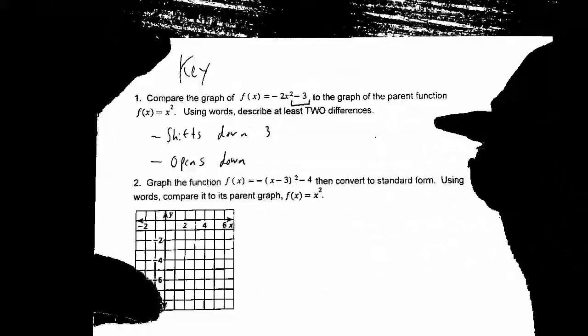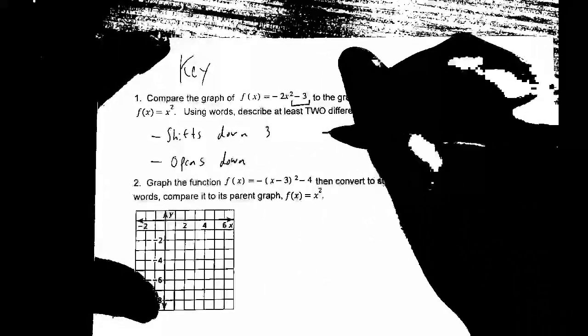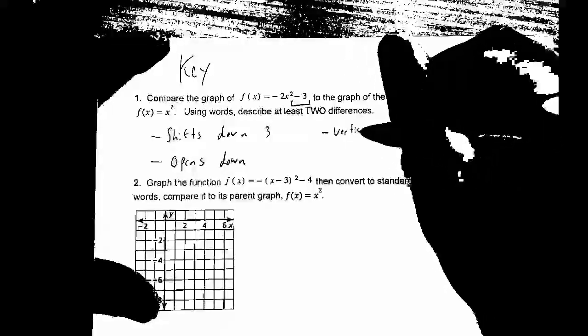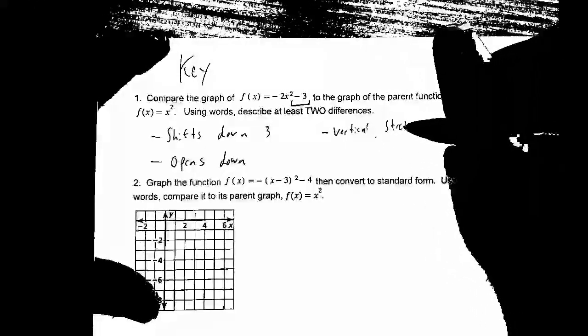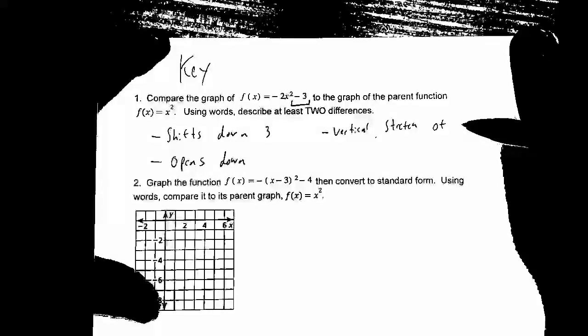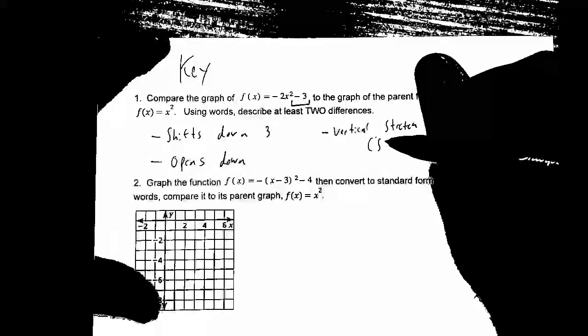This negative means that it's going to be opening downwards instead of opening up. And this negative 2 means that there is a vertical stretch of 2, which means that it's skinnier.